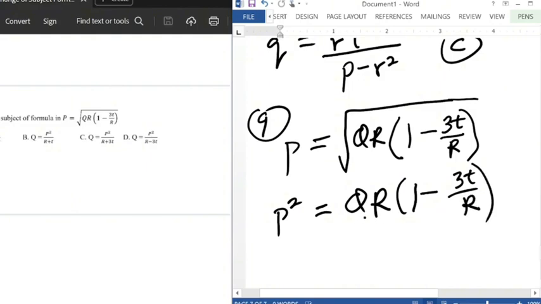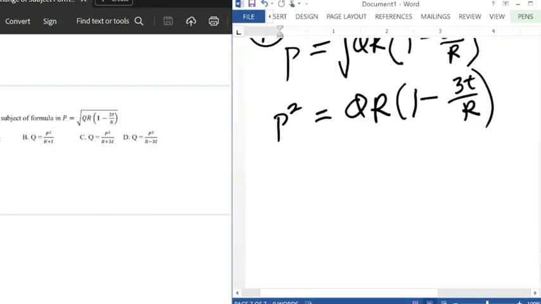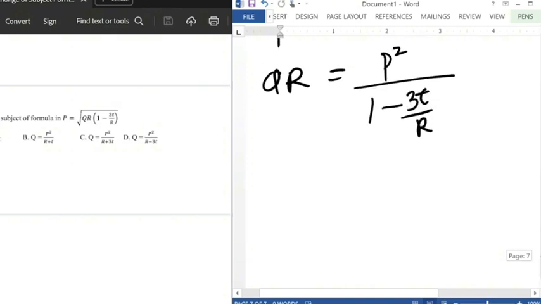What we're looking for is beside this, so we just divide both sides by this. What we're going to have is qr. Everything here we divide, that will be p squared all over 1 minus 3t over r, so this will give us qr.